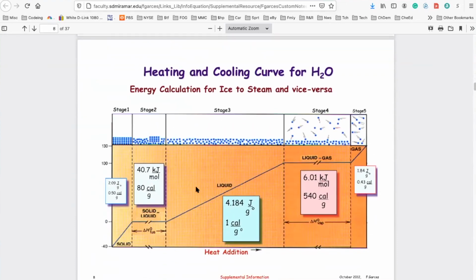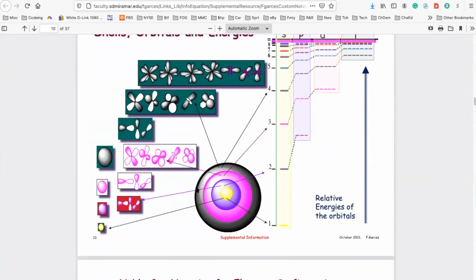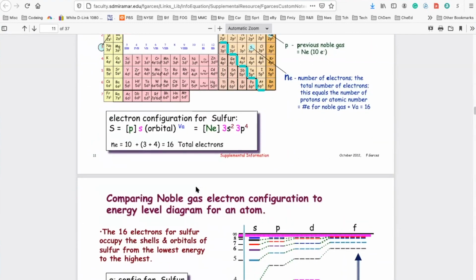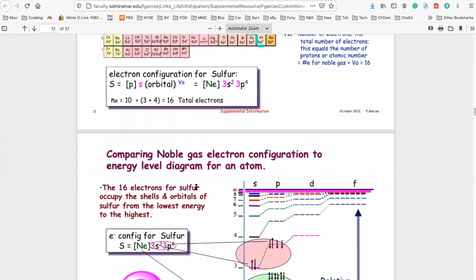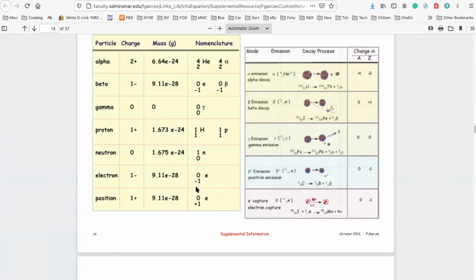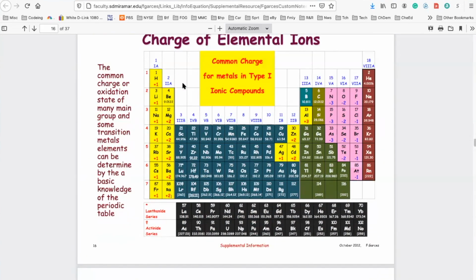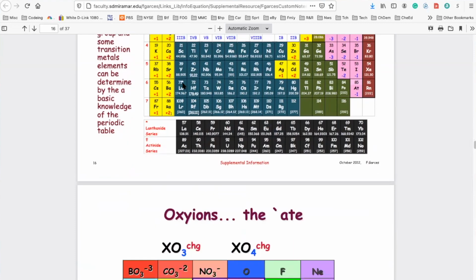This will show you about the heating cooling curve that we talked about in chapter 3. This will tell you how to do the electron configuration using the periodic table. These are just nuclear chemistry. These are the nomenclature for the subatomic particles. This right here will tell you which ions have fixed charge, which ions have variable charge.